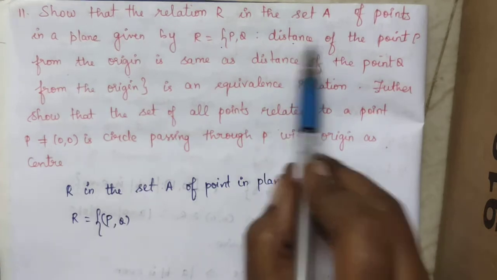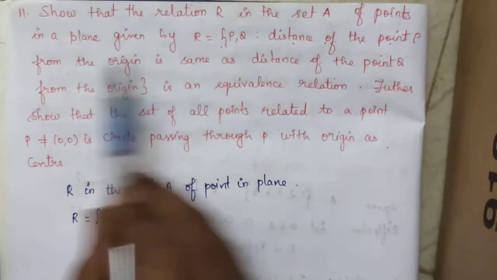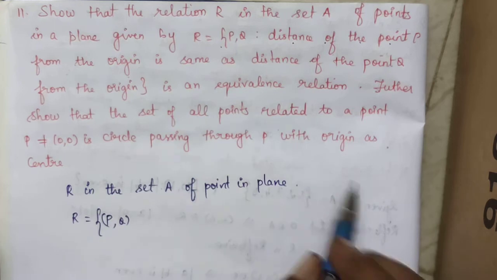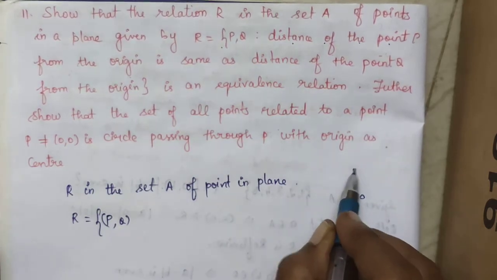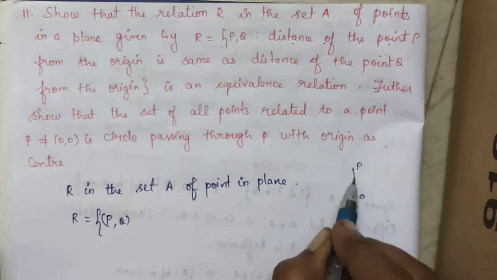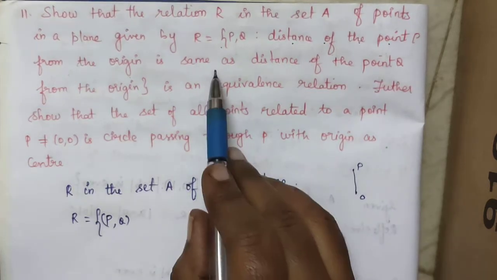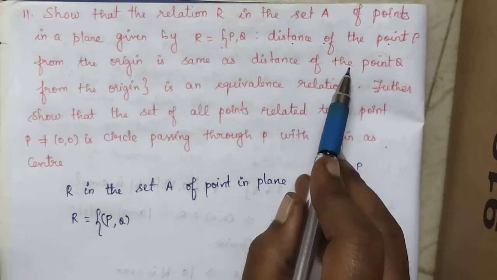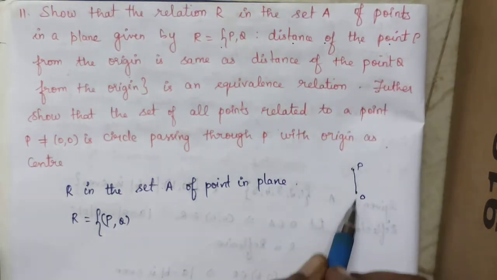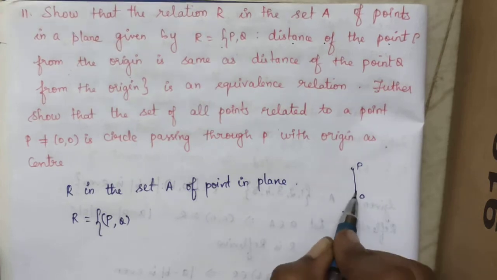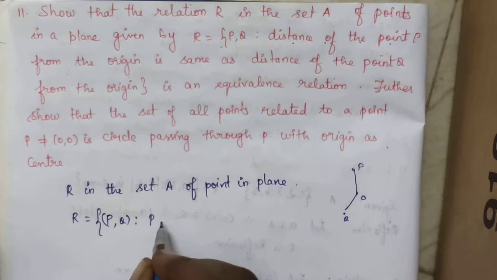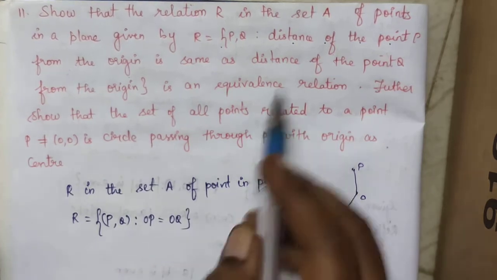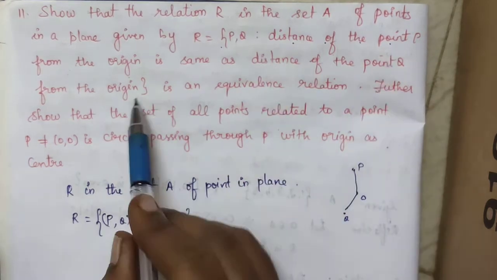See here, the distance of the point P from the origin. If this is the origin O, this is the distance of the point P from the origin. This distance is the same as the distance of the point Q. These two are the same, so we can write this as OP equal to OQ. This is what they have given in sentence form.